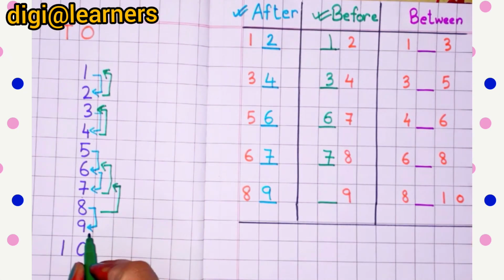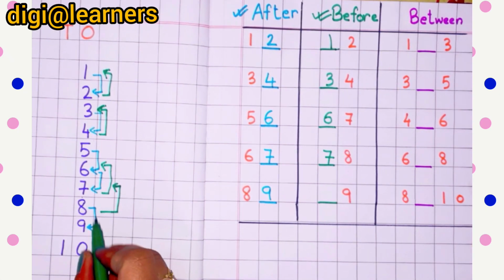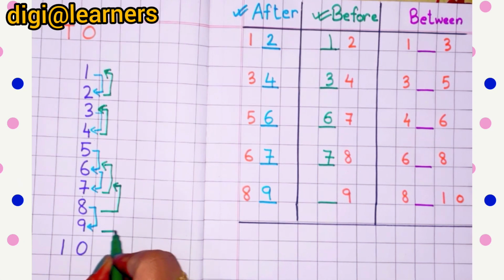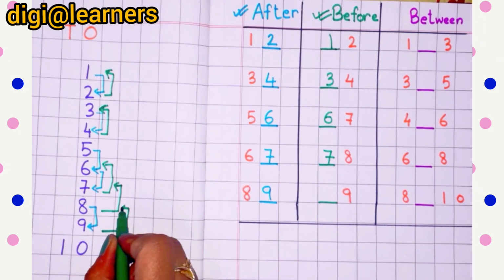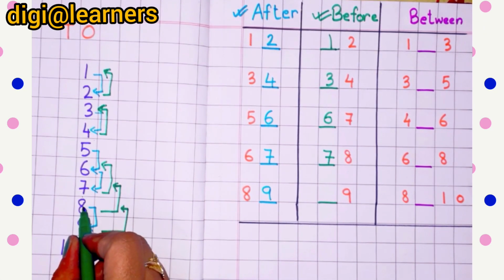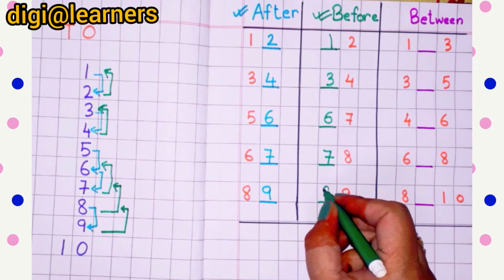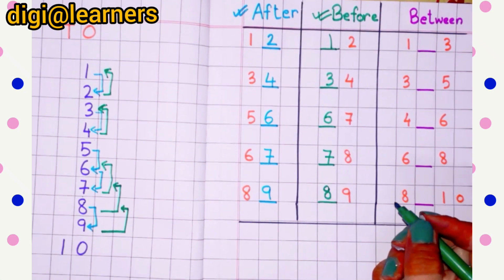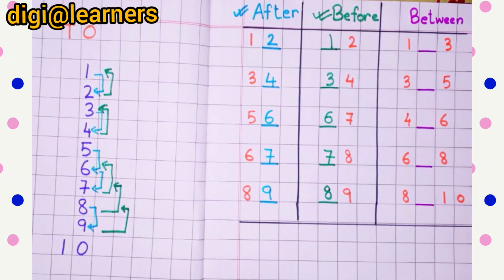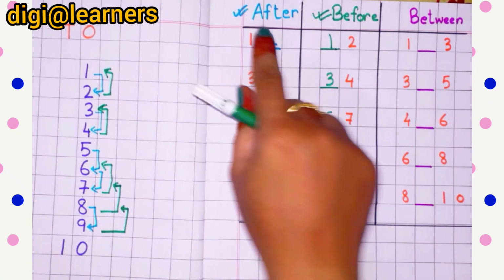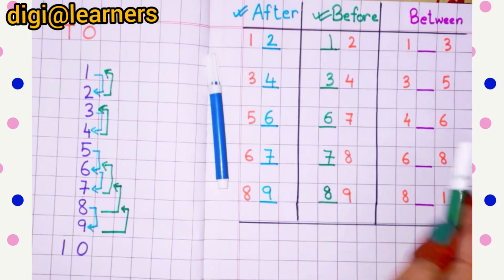So you can see 9. What is written above 9? You will write that. Above 9 comes 8. You can see that easily. So you will write the answer 8 here. I hope the concept of after and before is clear.